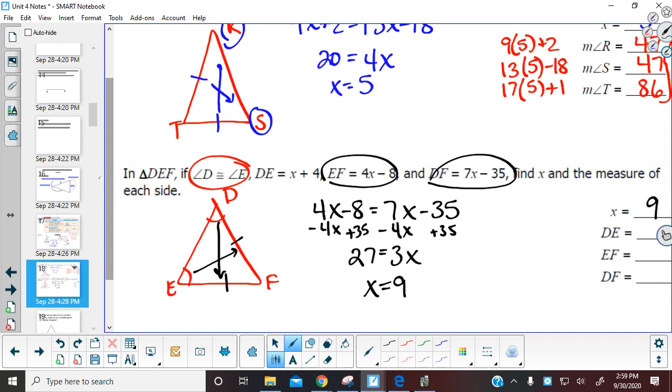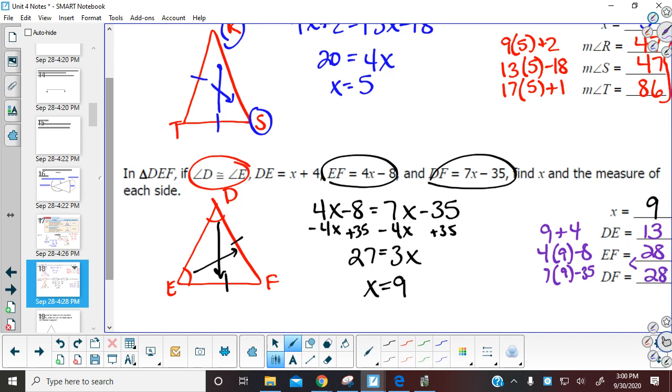Again, we need to go ahead and substitute to find our other side lengths. So if we're looking at DE, we get 9 plus 4, which is 13. If we look at EF, 4 times 9 minus 8, which gives us 28. And then 7 times 9 minus 35 will give us that 28 again.